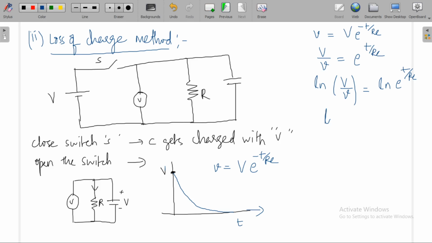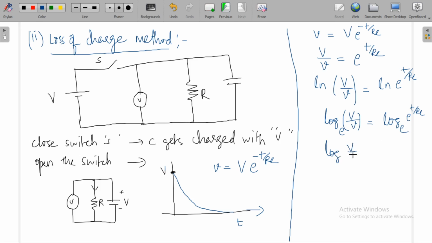So log base e of V by v is equal to t by RC.